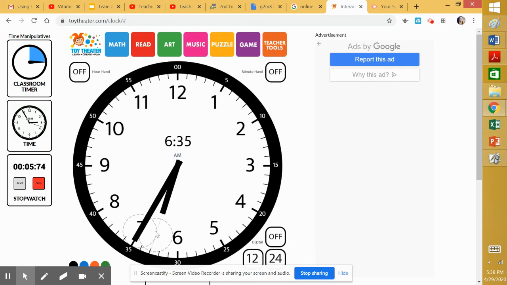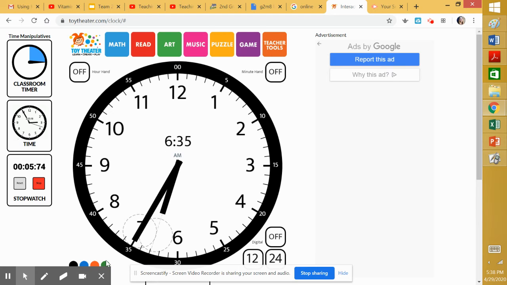It's past the 6 because it is starting to move closer and closer to the next hour. When the next hour is here, this minute hand will be on what number? The 12. Good job. So we have the hour hand is about halfway between the 6 and the 7 because 6:35 is about halfway to the next hour.